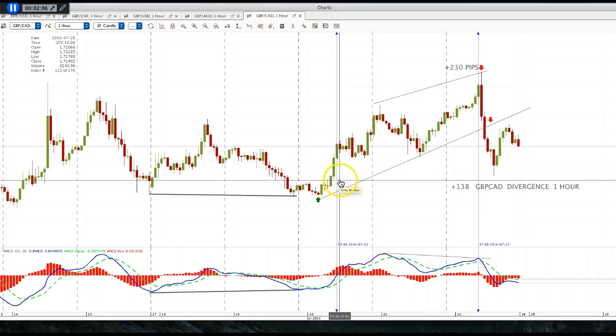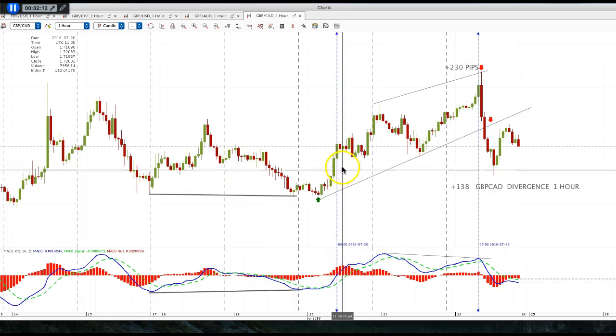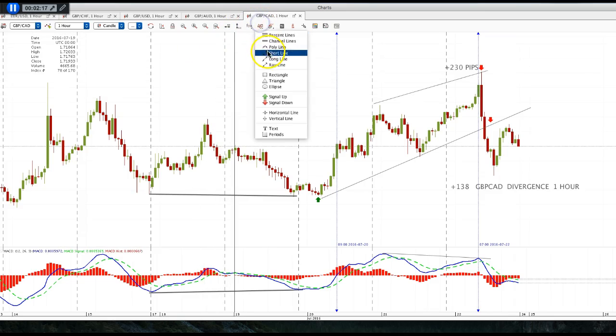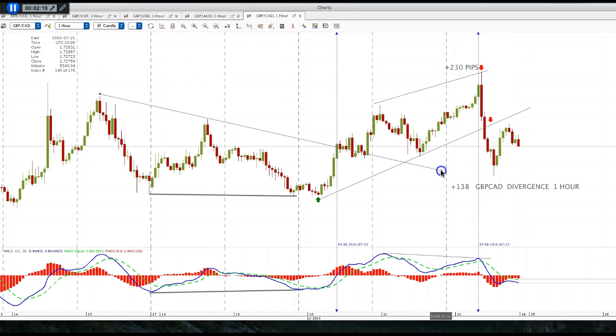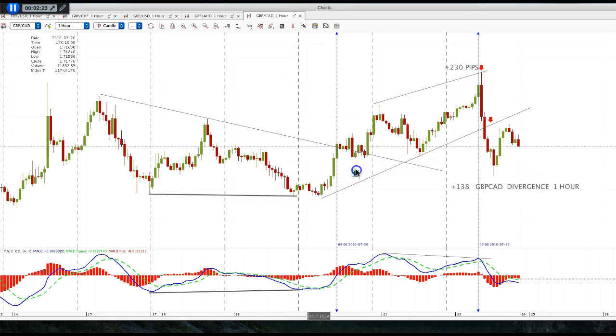So I couldn't take this trade until the two lines of MACD on the 4-hour chart were crossing to the upside, and that was the entry about here, which coincides with the trend line break. That was about 230 pips.